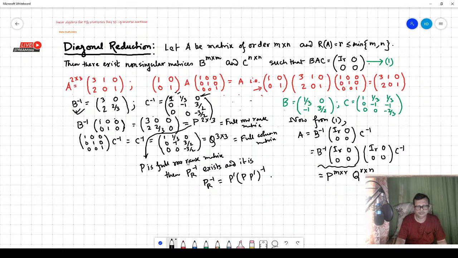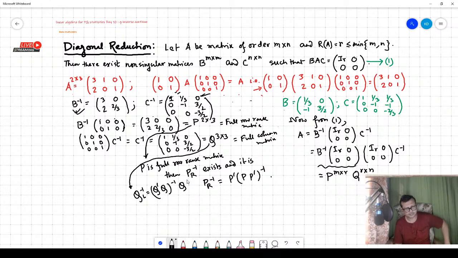And since Q is a full column rank matrix, then the left inverse exists, and this is equal to Q prime Q whole inverse Q prime.